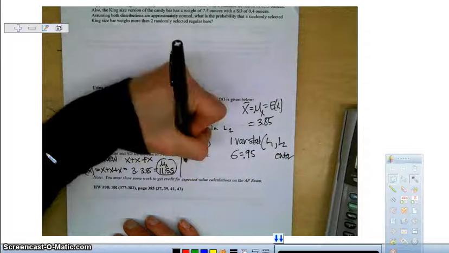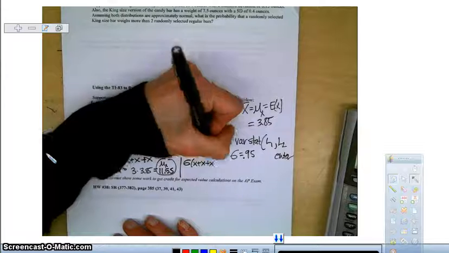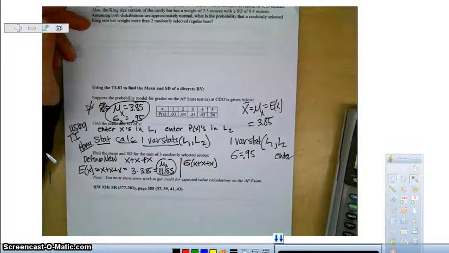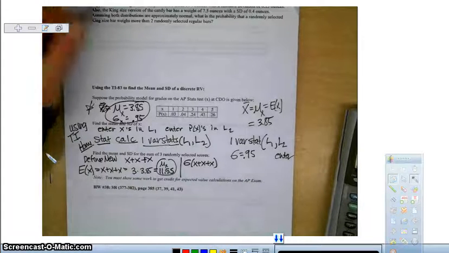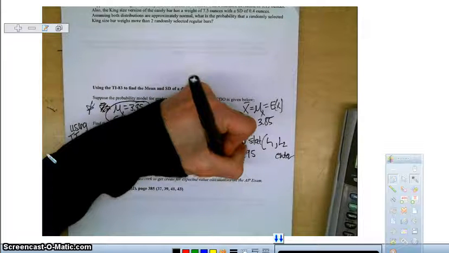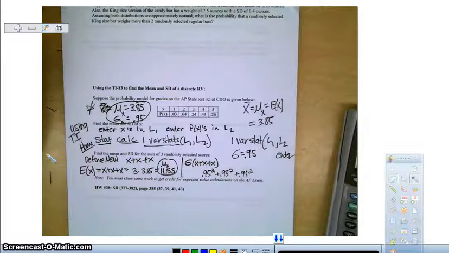And the standard deviation of X plus X plus X, well, let's see, what is the variance? 0.95 squared plus 0.95 squared plus 0.95 squared, and then do what with that?